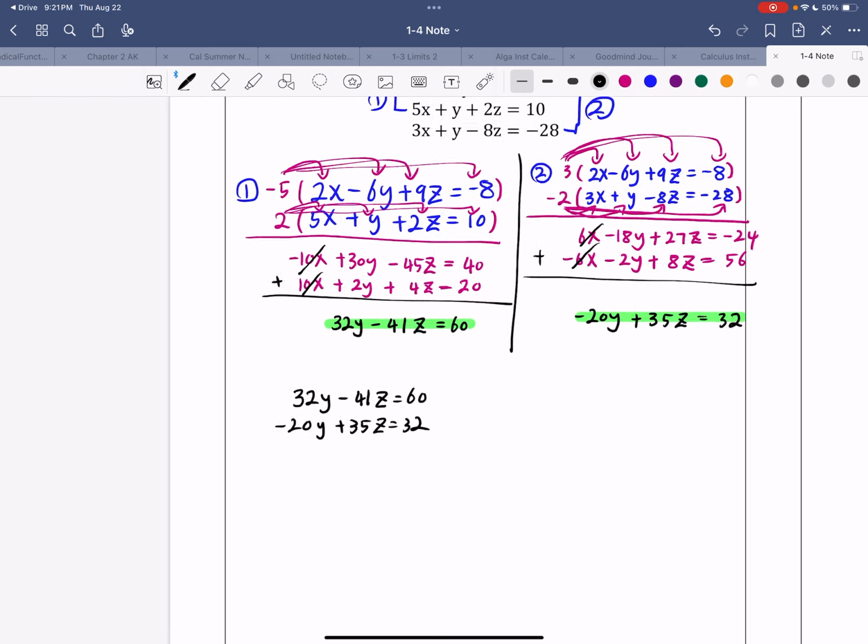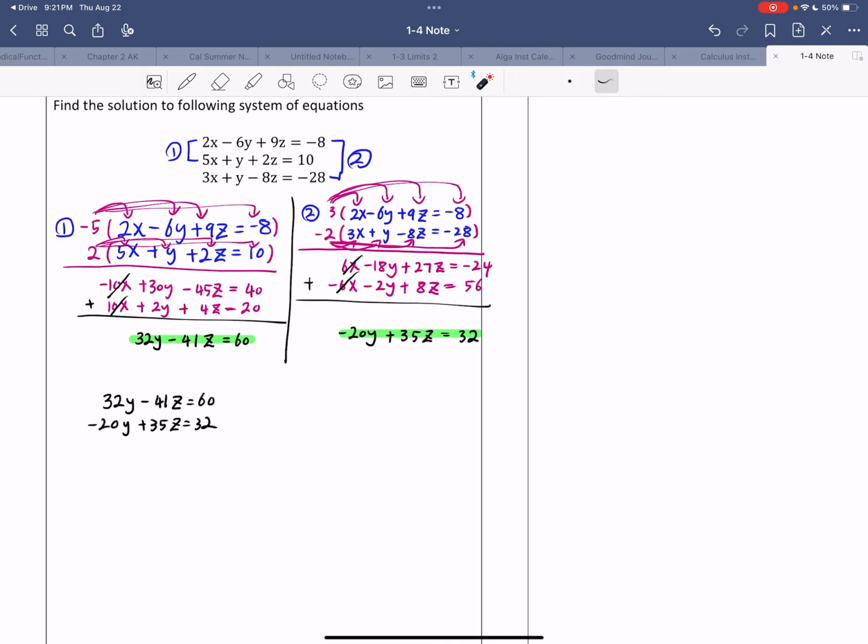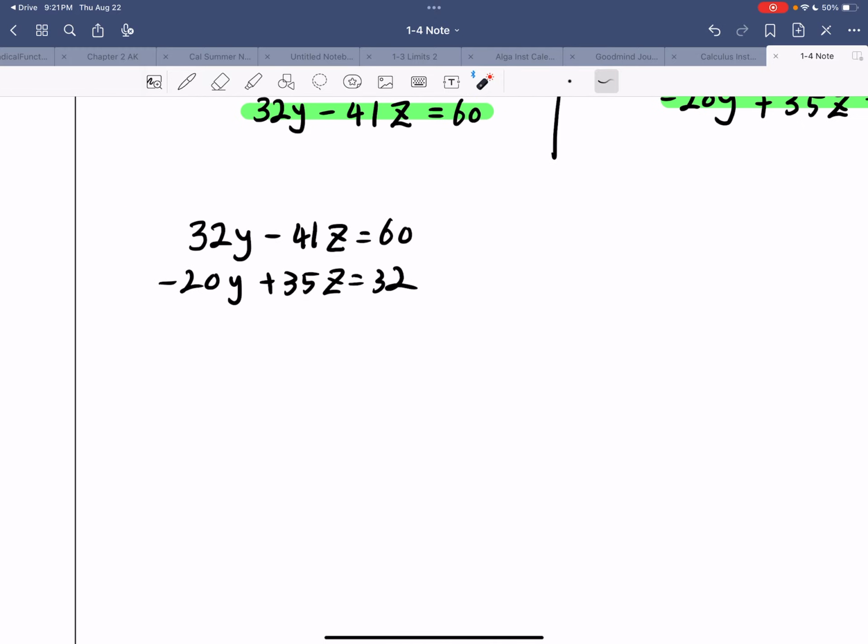Basically what we're trying to do is we just got rid of x, right? Here we're going to get rid of y. In that case, we will be able to solve z. After we know what z is equal to, then we should be able to find y, and then we're going to be able to solve for x. So that's going to be our plan.